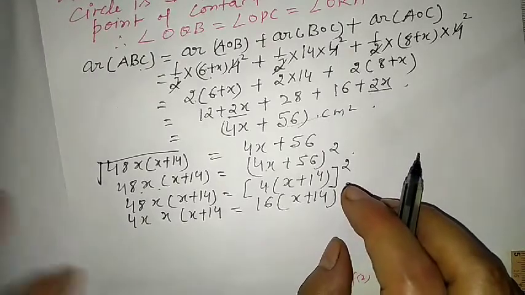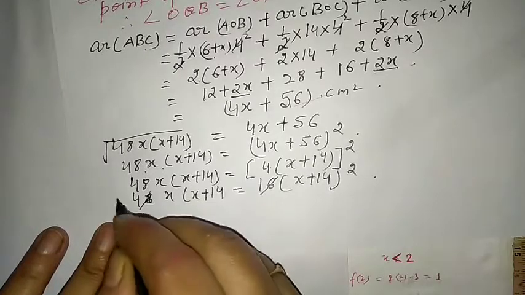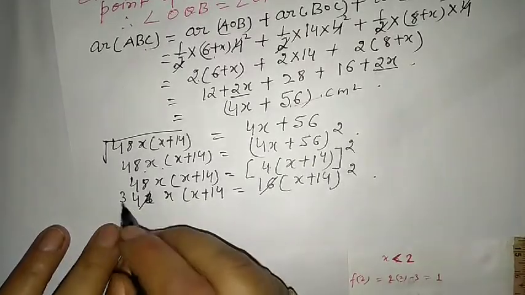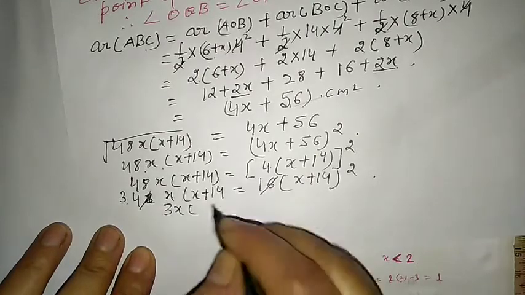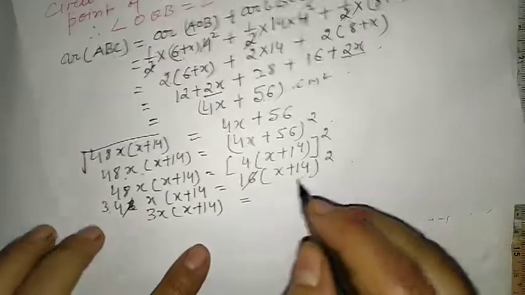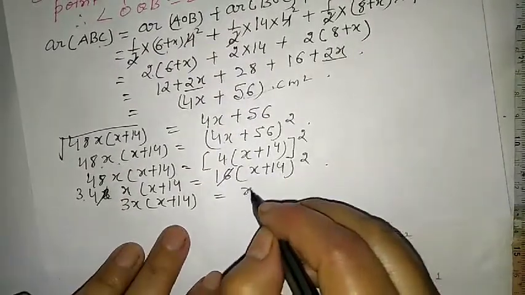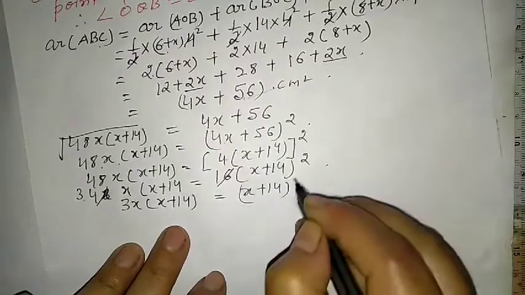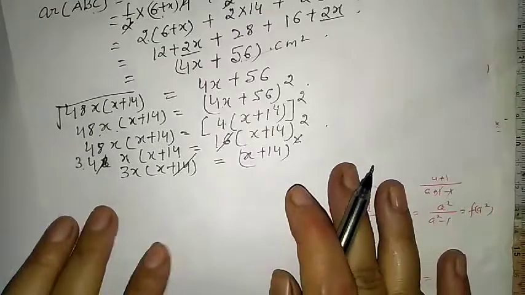Now this time 16, this 48 can be cut by 3 times. So 3x we are having here. 3x into x plus 14 is equal to, whole square we can open, or we can cut 1 square power with x plus 14.